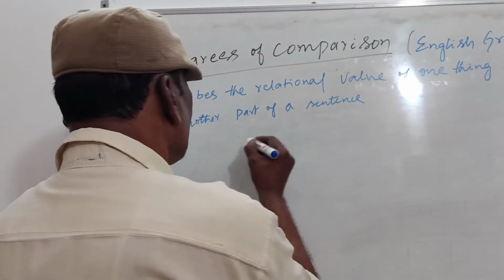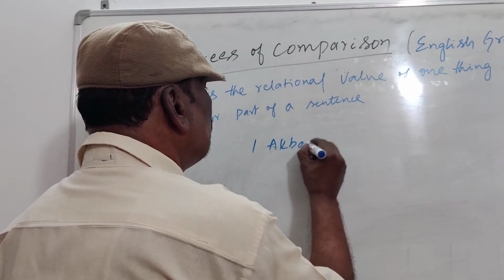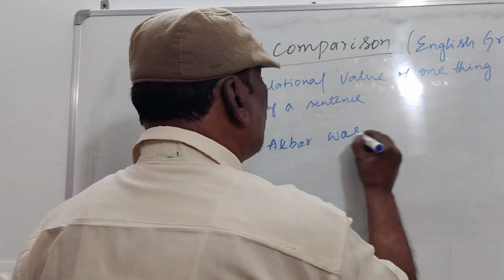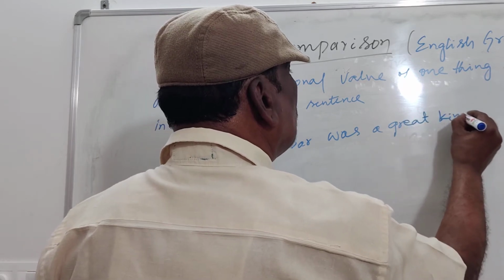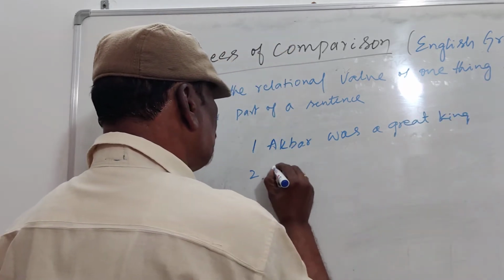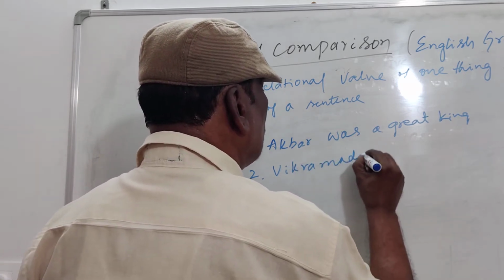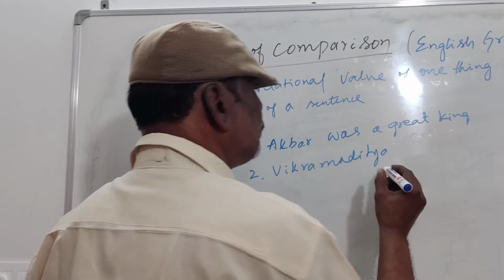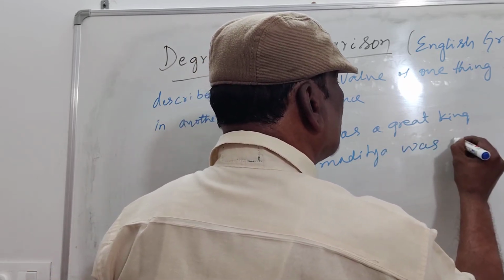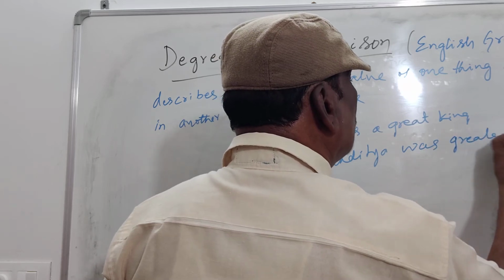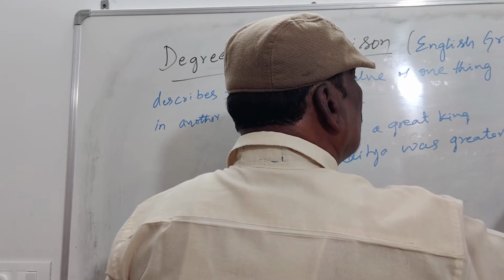Say, number one, Akbar was a great king. Number two, Vikramaditya was greater than Akbar.